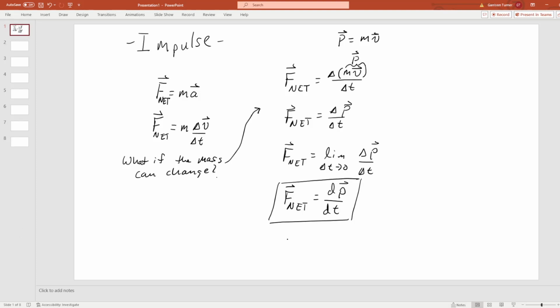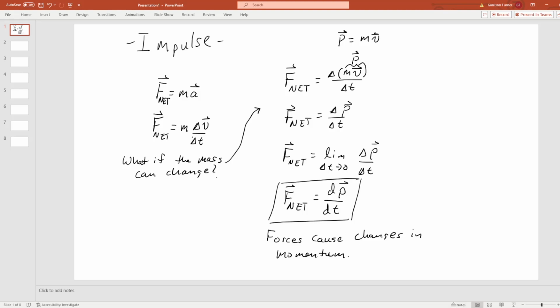And so, in words, forces cause changes in momentum. This is one of the most fundamental ideas in all of physics.